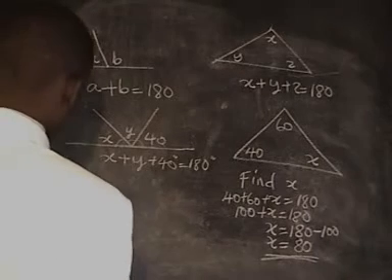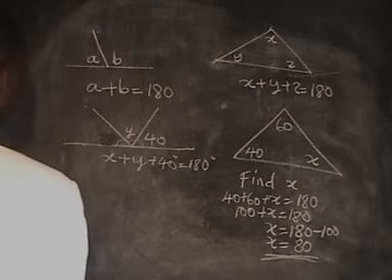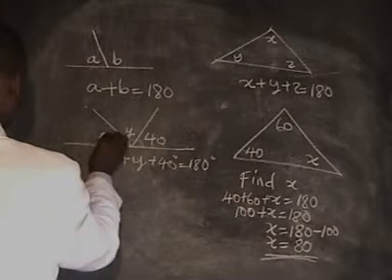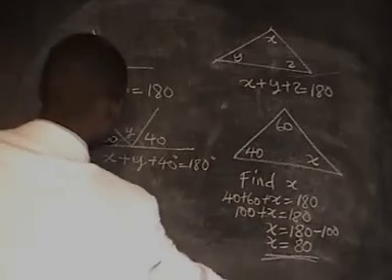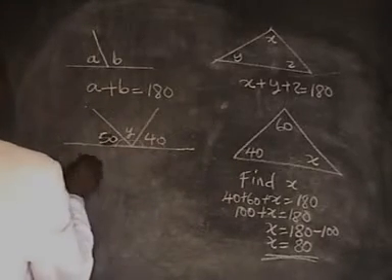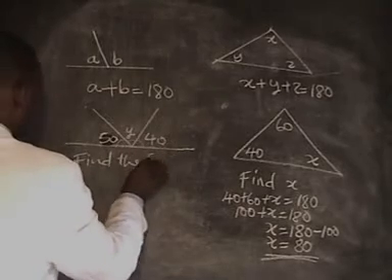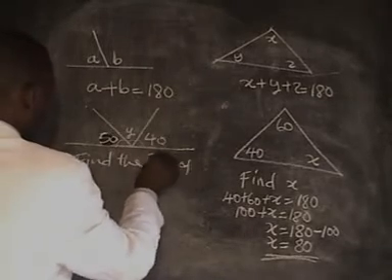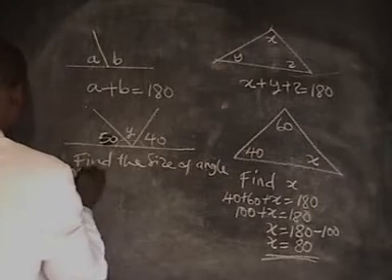It can be observed in a similar style. Let's assume that where we see x there, we have one angle which is 50 degrees, and you'll be asked to find the size of the angle marked y.